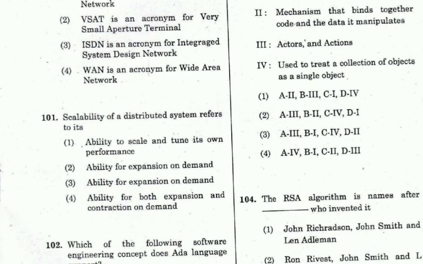Scalability of a distributed system refers to its. Scalability means system's ability to handle growth efficiently. A well-designed distributed system should be able to expand and contract based on demand. So here option 4, that is ability for both expansion and contraction on demand, is the correct answer.